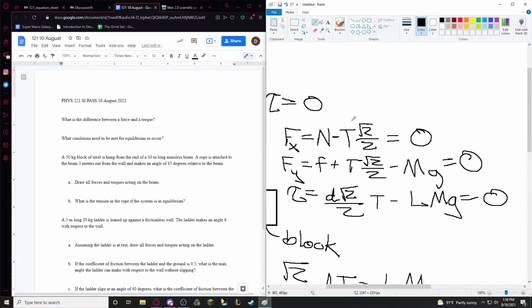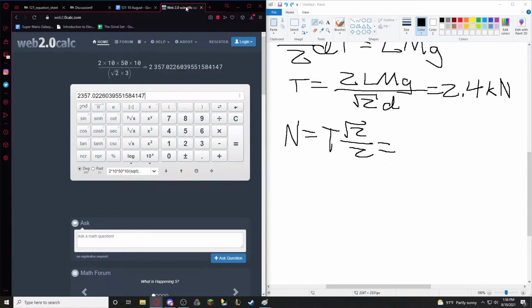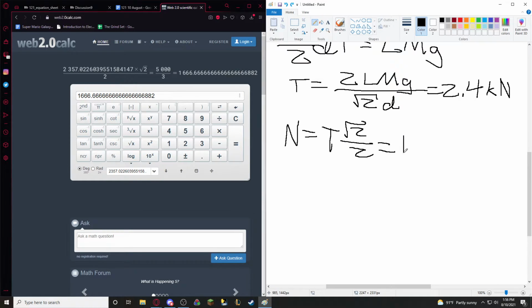We just move T root 2 over 2 to the right side, and so we get a normal force of about 1.7 kilonewtons. Obviously, I'm rounding a lot and being lazy.